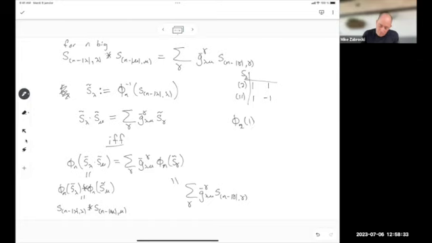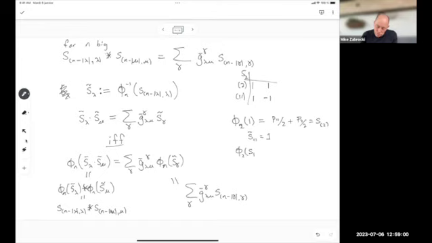Phi2 of 1 is equal to P11 over 2 plus P2 over 2, which is equal to S2. So I have my S empty tilde is equal to 1.